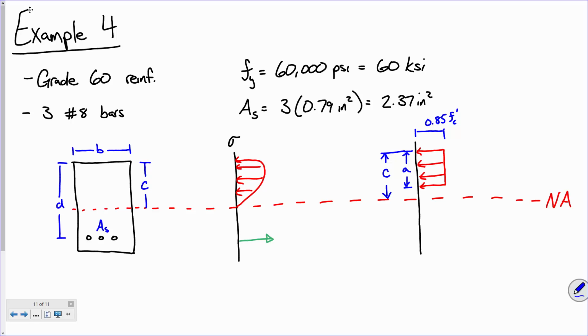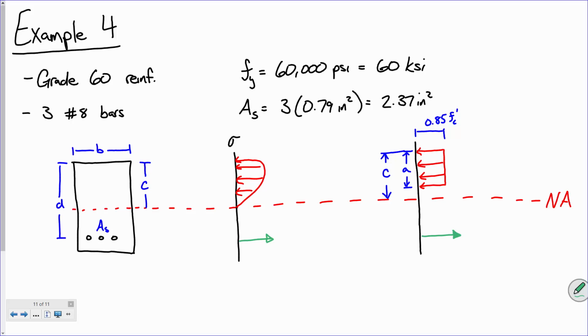From the top of the beam to the neutral axis, we call that C. The depth of the stress block, we call that A. Everybody all right with that? And lastly, don't forget, we have this stress in tension at the bottom.